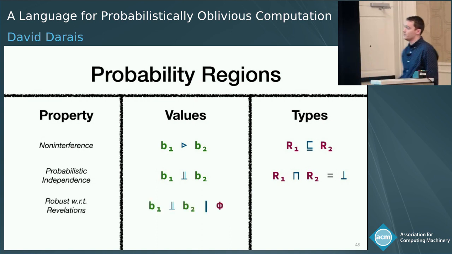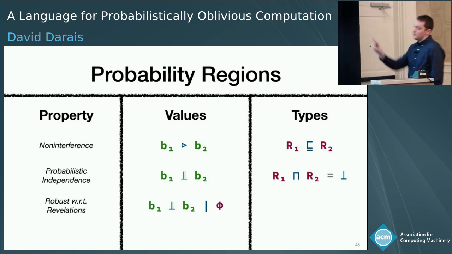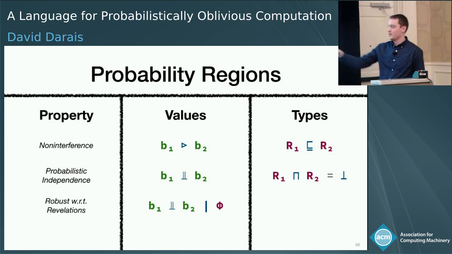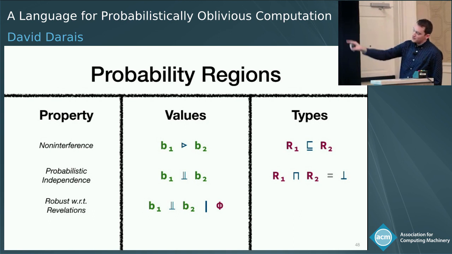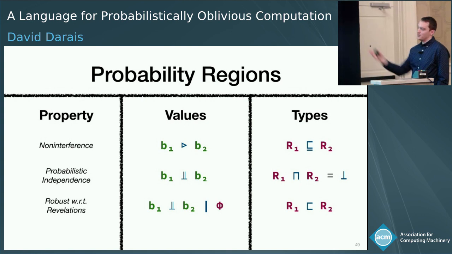The problem is, as the program runs and your adversary sees more things, you're constantly conditioning on knowledge that is learned by that adversary. So you don't just need to be independent, you need to be robustly independent with respect to prior revelations and possibly future revelations to the adversary. And this conditioning is what results in a strict ordering on regions as the sound thing to do when you're type checking static approximations of probabilistic independence.